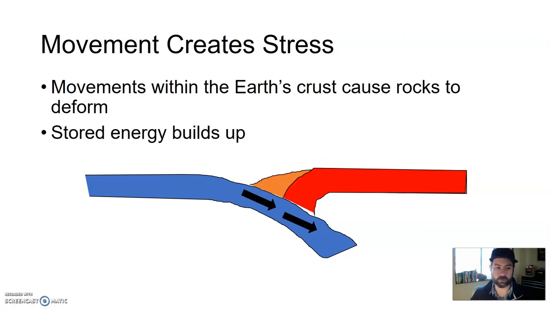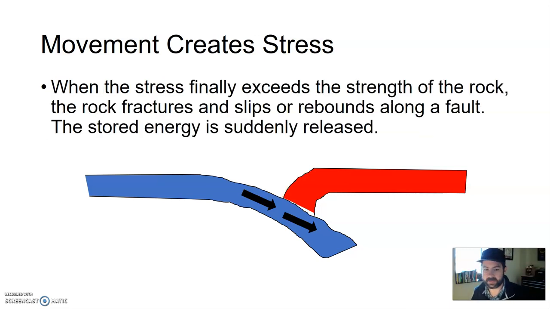And in doing so, you really start to store up energy. It's almost like this rigid ruler. Rocks are rigid, but with this ruler, I can bend it. I'm storing energy because when I release it, it snaps right back. Well, it's the same thing in plate tectonics and when earthquakes occur.